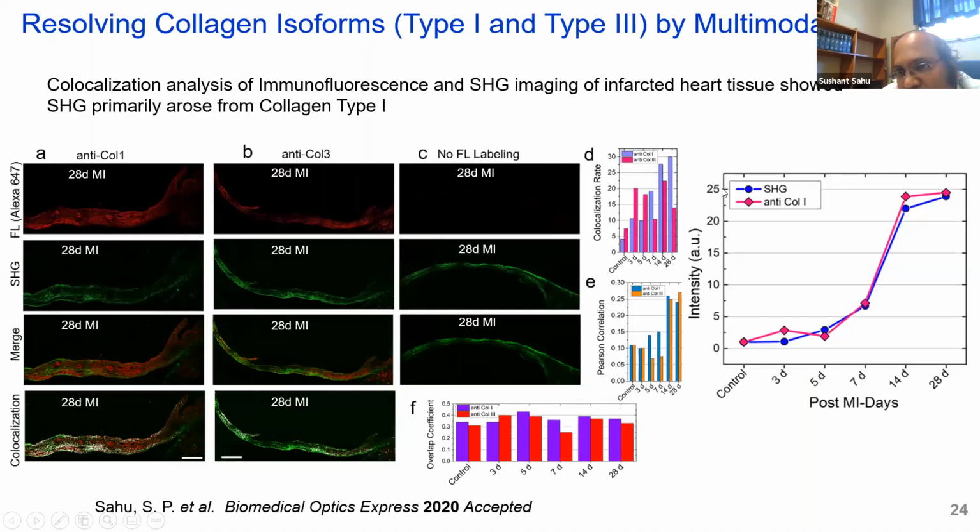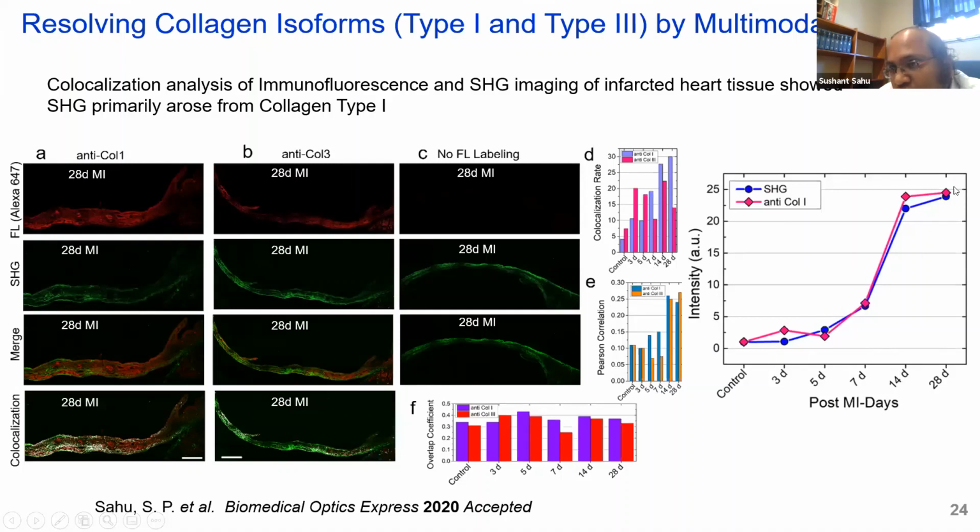And here, what I also showed is, through another series of experiments, where we also looked at fluorescence imaging of these tissues, and we showed that this SHG channel is due to collagen type 1.